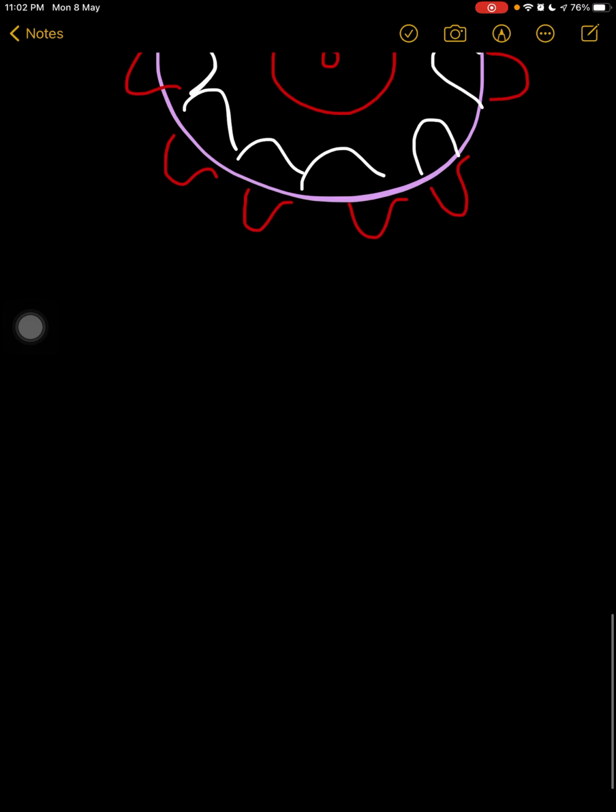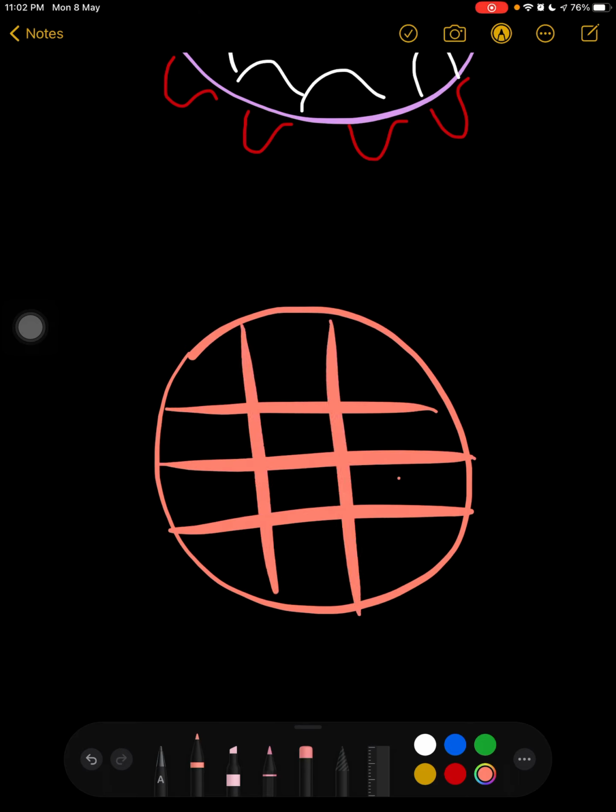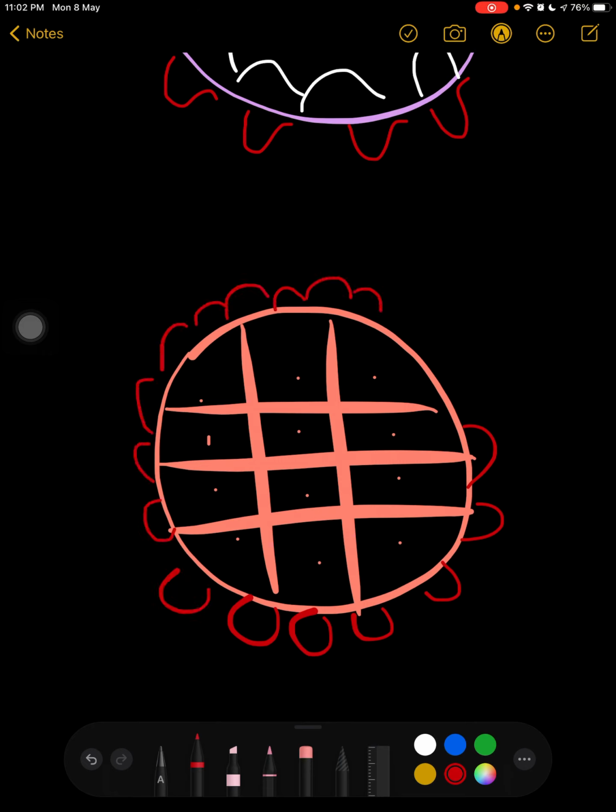Now let's talk about the male as well, the antheridia. This is the structure.